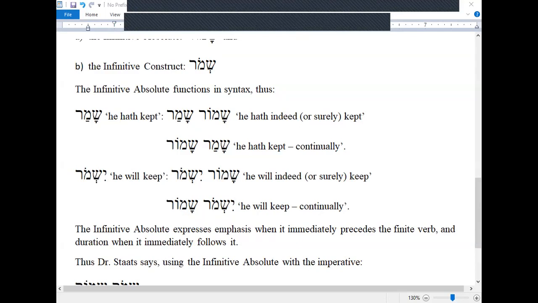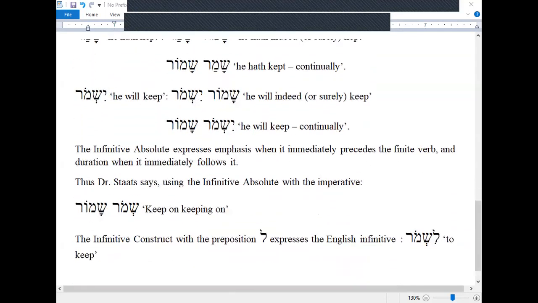And so basically, as we move on down, thinking of further information, using the infinitive absolute with the imperative, we talked about that. Shamor shemor. And again, that would be one of my favorite sayings, keep on keeping on.